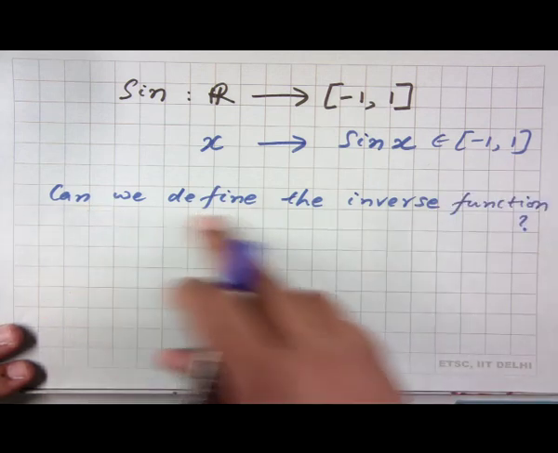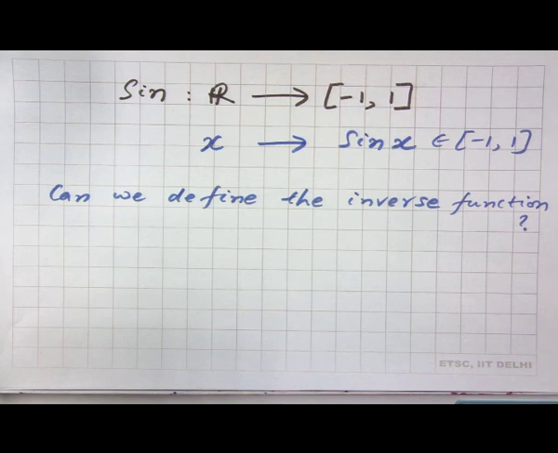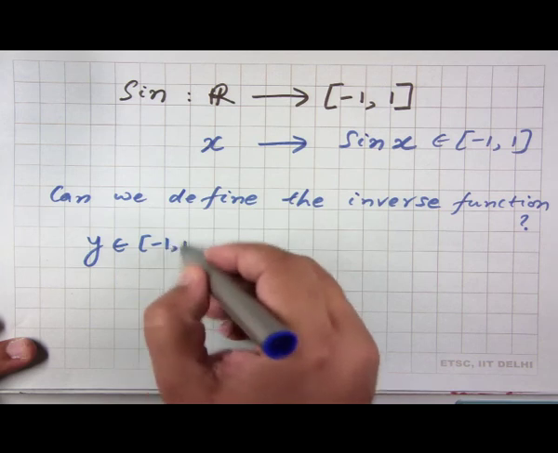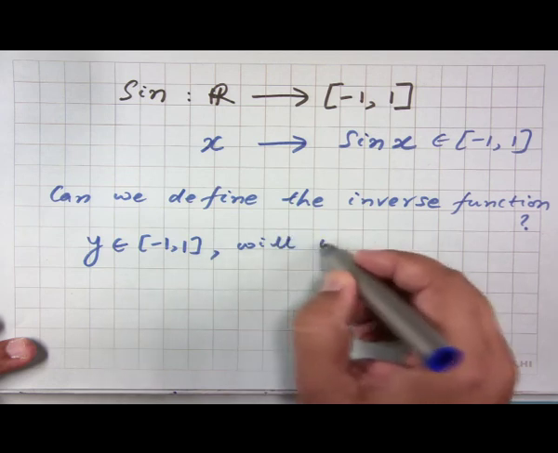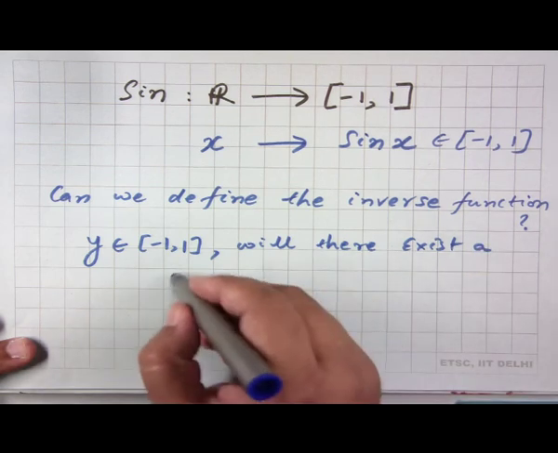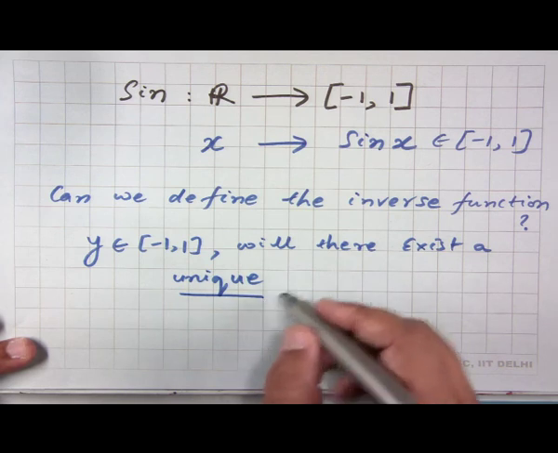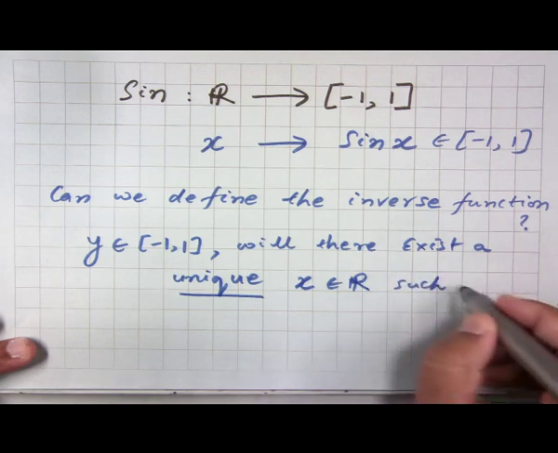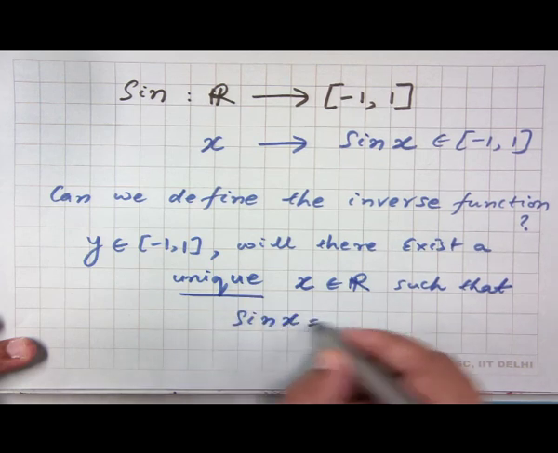The next question is, can we define the inverse function of the sin function? By inverse function, what I mean is that if we take any y belonging to -1 to +1, will there exist a unique x belonging to R such that sin of x is equal to this y?